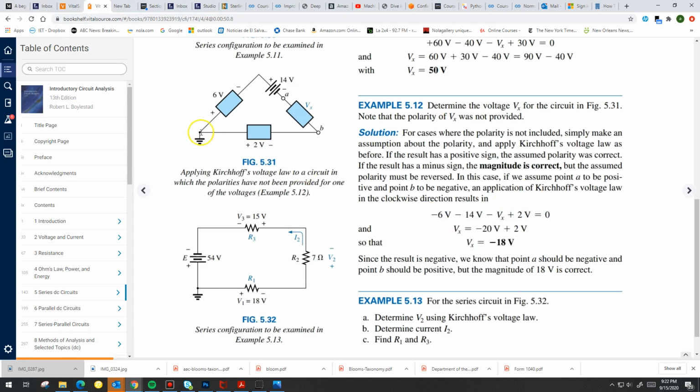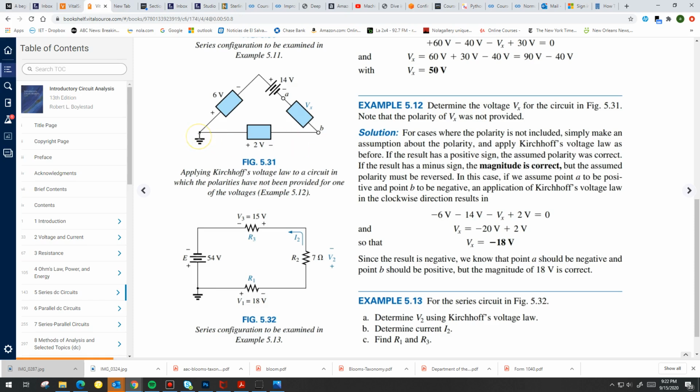Okay, that's why I'm following this direction. But I can start at any point. And I encourage you to start at any point, at B and go clockwise, at B and go counterclockwise, anywhere, and you should get the same results as long as you're consistent with the polarities.